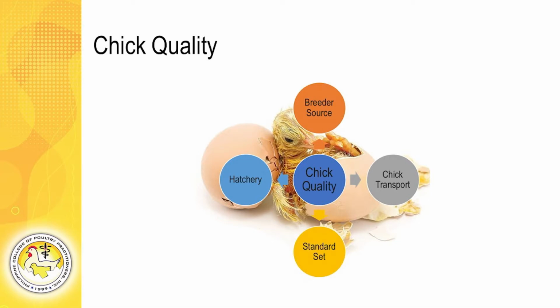Achieving and maintaining the standard chick quality starts with the breeder source of the hatching eggs, then the hatchery, the chick transport, and the accepting farm. The chick quality standard must be understood by these operations to ensure the participation of each segment.